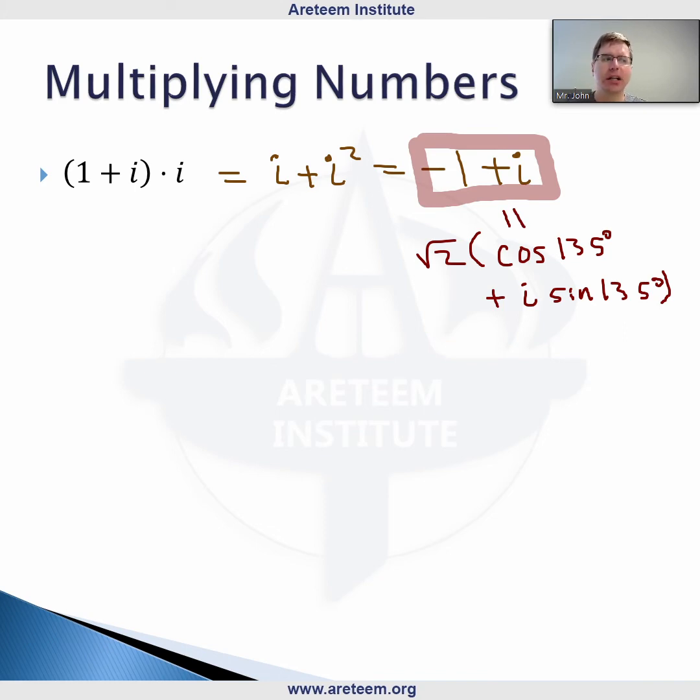Let's take a look for a second and see if we can draw some comparisons or patterns. We already had 1 plus I is this same type of thing. So this was square root of 2 with an angle of 45 degrees. So cosine of 45 degrees plus I sine of 45 degrees.